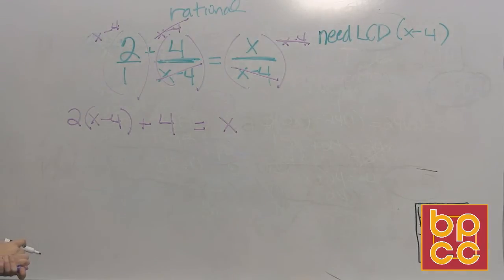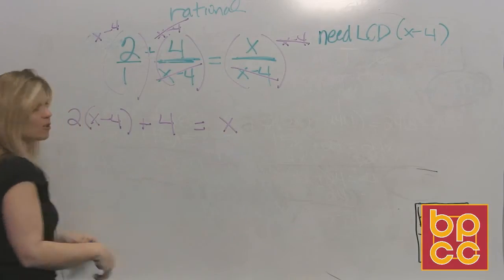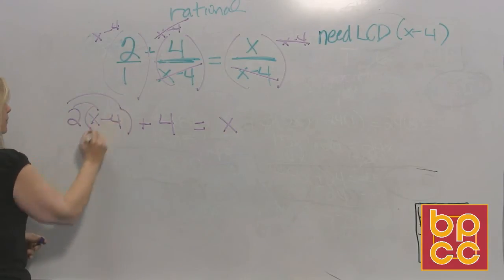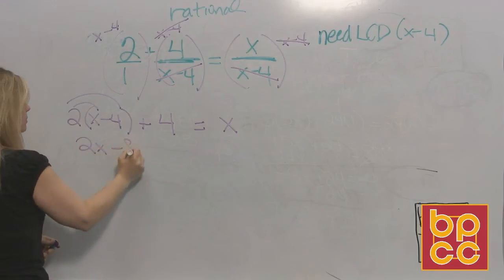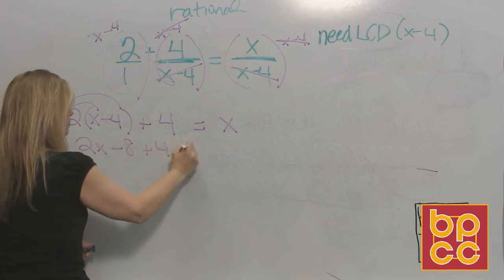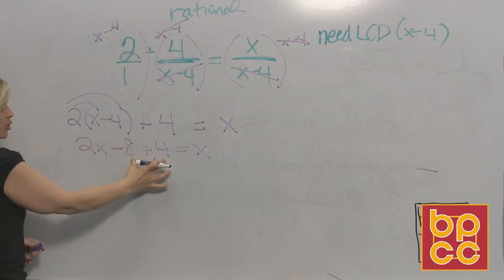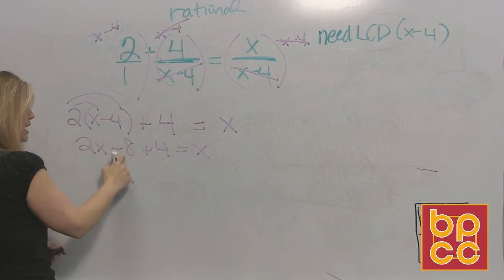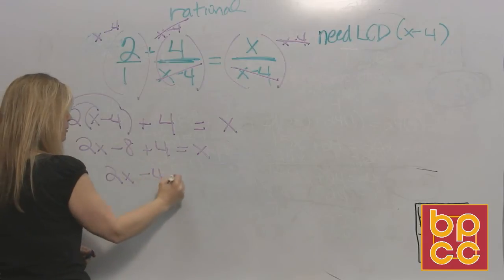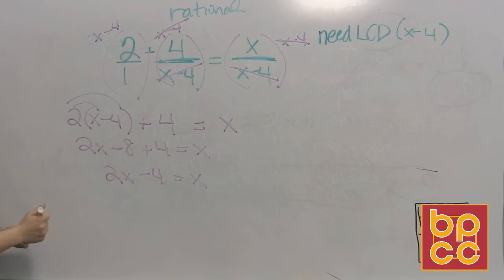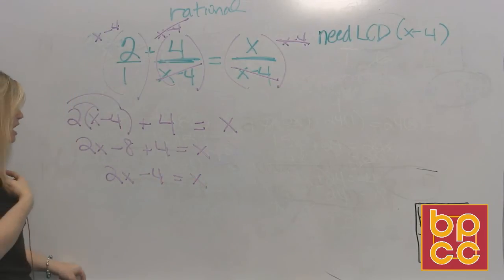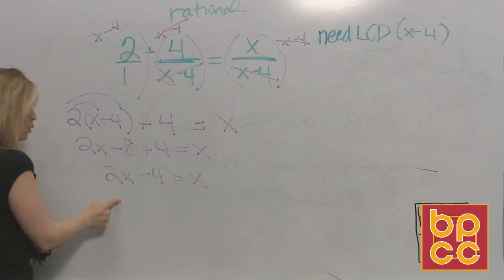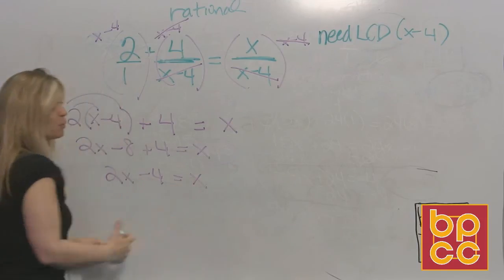So now you're back to, is this linear or is this quadratic? Well, if you look, it's x to the first, it's linear. So we distribute to get rid of our parentheses. We could collect like terms on the left side because they're numbers. So negative 8 plus 4 is negative 4. Now, my rule of thumb is when you solve a linear equation, x is moved to the left, numbers move to the right.